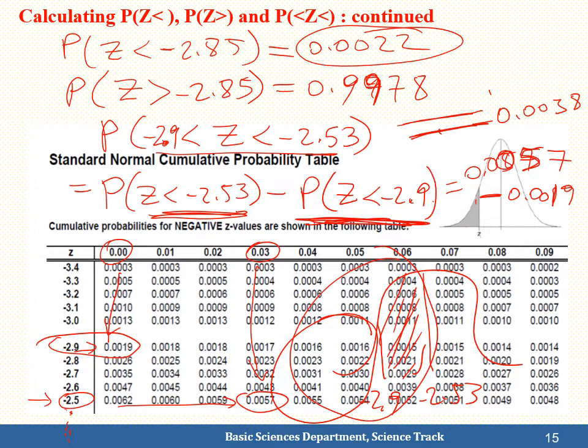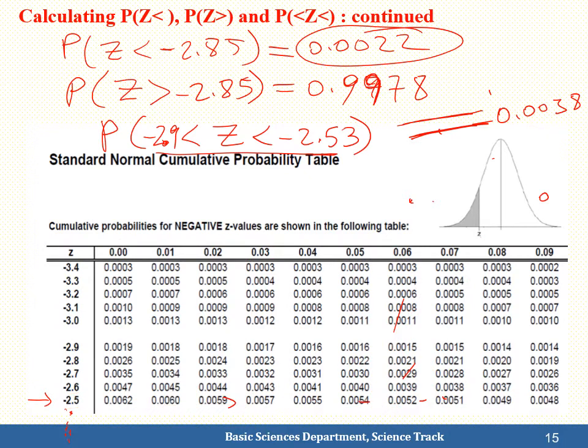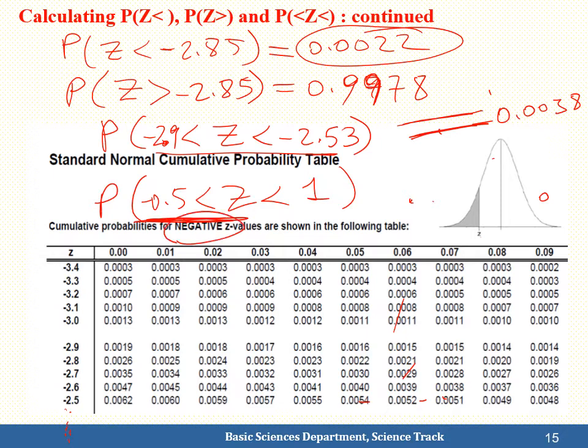So I think now the table is clear, but what if you have a question like this? Now let's change the question. The probability that z is less than 1 and greater than negative 0.5, let's say. In this case, for this part you use the negative table, and for this part you use the positive table, and do the same thing.